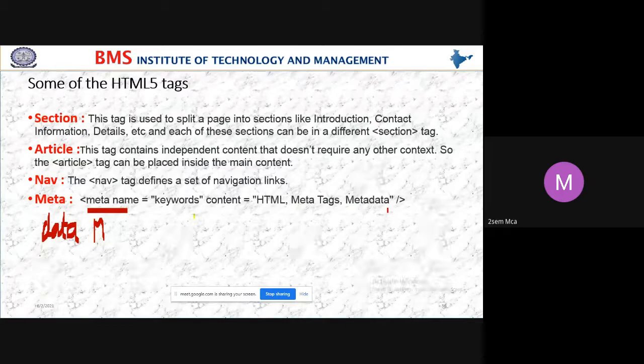Whatever information you want to give in the program, you can give. So the meta tag is used to give additional information, and whatever information you give in the meta tag will not be displayed in the web page or on the output screen. Getting? Yes, ma'am. Okay.